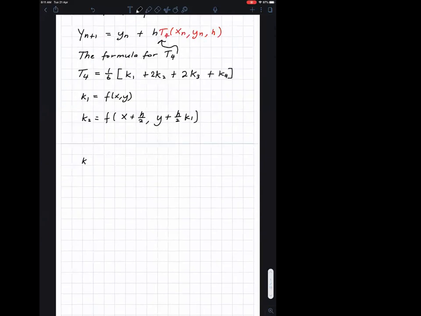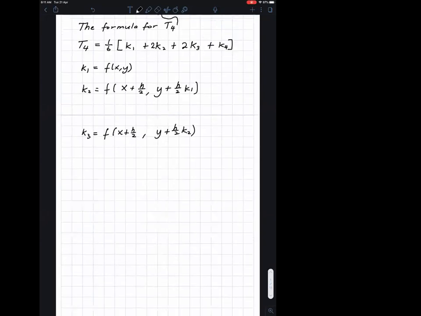K3 is defined to be f as a function of x plus h over 2, y plus h over 2 K2.